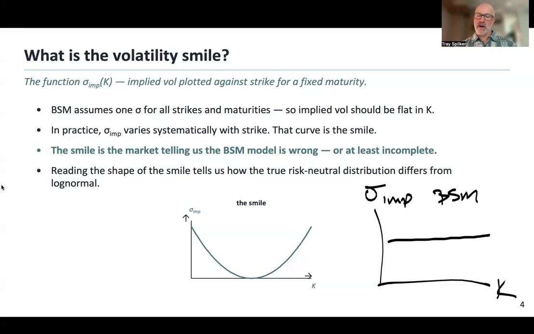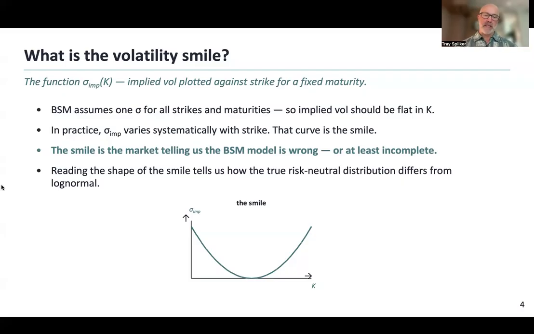That is, for any given strike price, you should have the same volatility, and I'm going to call this volatility for the BSM, the same constant volatility because it's referencing the same asset. That's the intuitive implication of the Black-Scholes model. However, in practice, the implied volatility does vary systematically with the strike price. And we call that curve the smile.